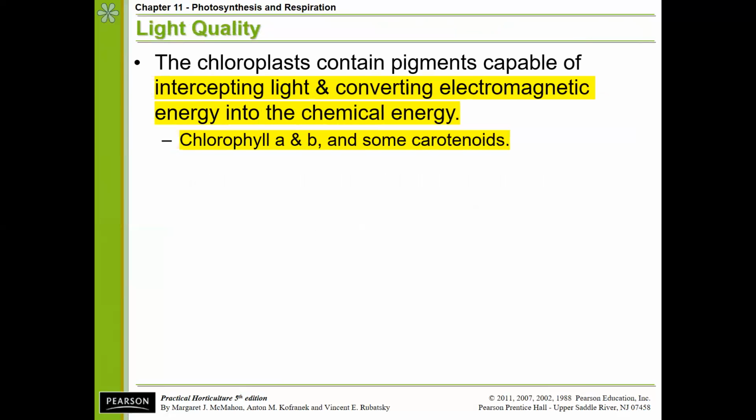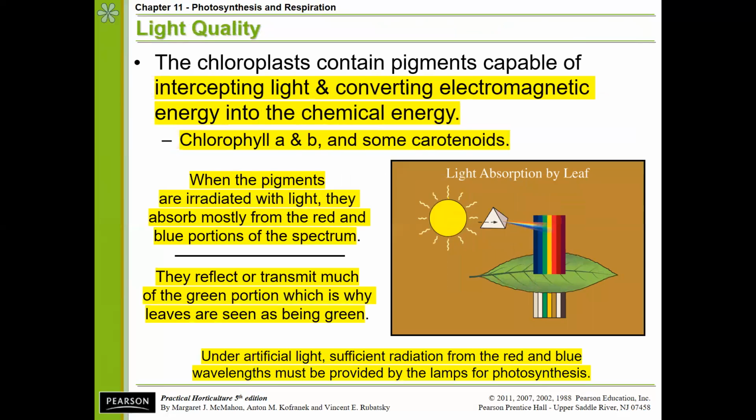Phosphorylation, of course, just means the combination of a phosphorus molecule in whatever energy transfer is taking place. The chloroplasts, again, are these little cellular units that contain the pigments capable of intercepting light, chlorophyll A and B, and which convert electromagnetic energy into chemical energy, first in the leaves and then in other parts of the plant.